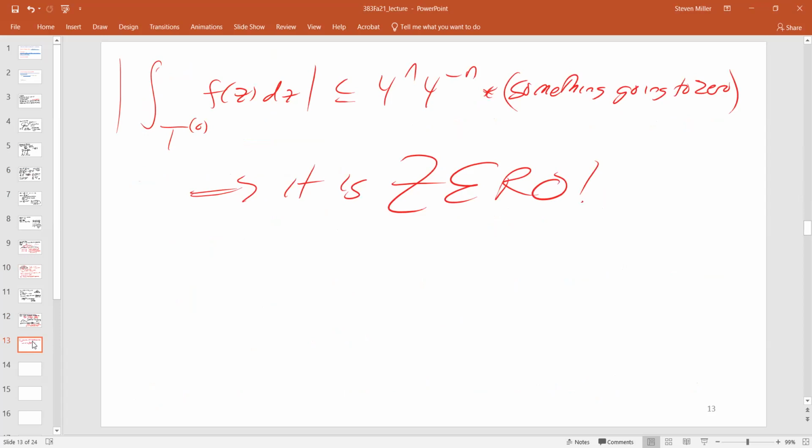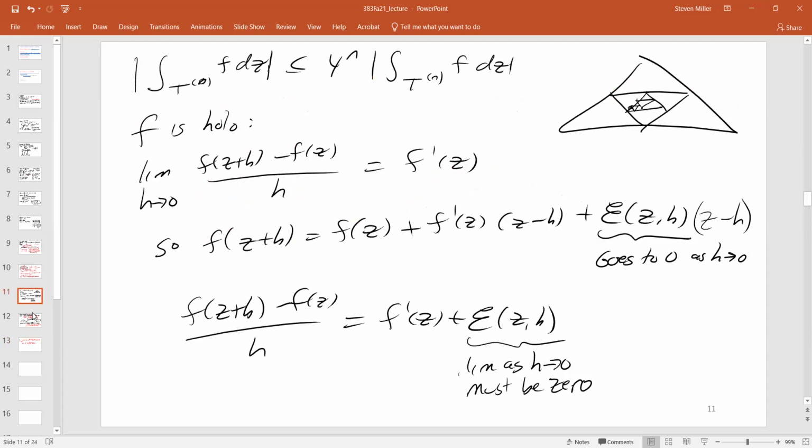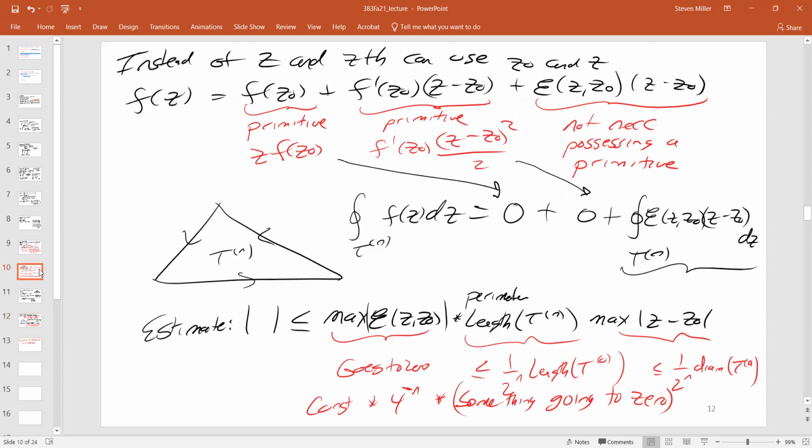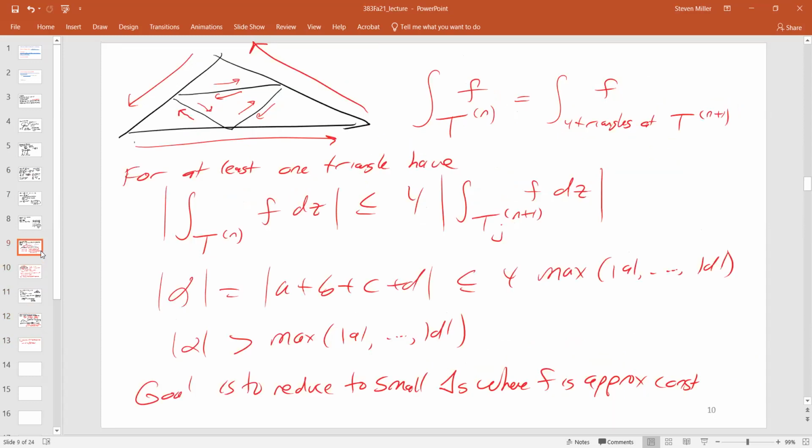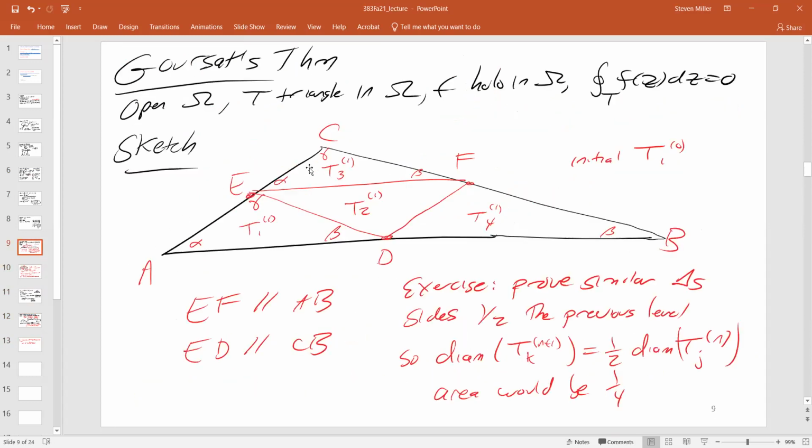Yes. So if we did use the big triangle, what would go wrong with the error term of calculation? Yeah, the error term just wouldn't go to 0. If we integrate over the big triangle, we don't really have a good way to use the differentiability. Differentiability is a local concept.